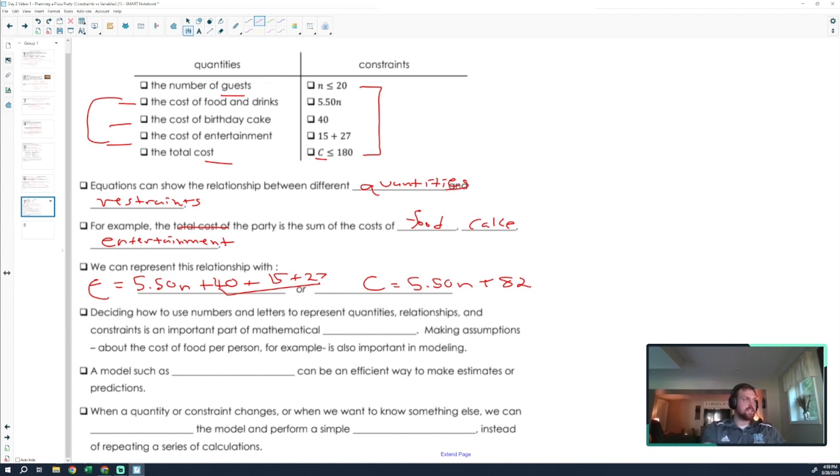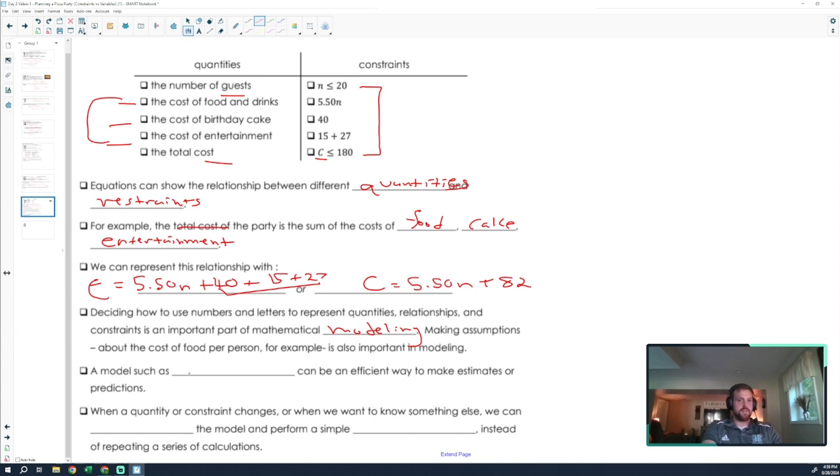And then deciding how to use numbers and letters to represent quantities, relationships, and constraints is an important part of mathematical modeling. Going back to modeling, making assumptions about the cost of food per person, for example, is also important in modeling.